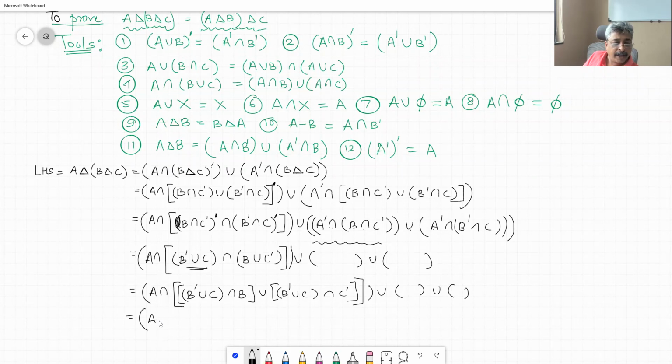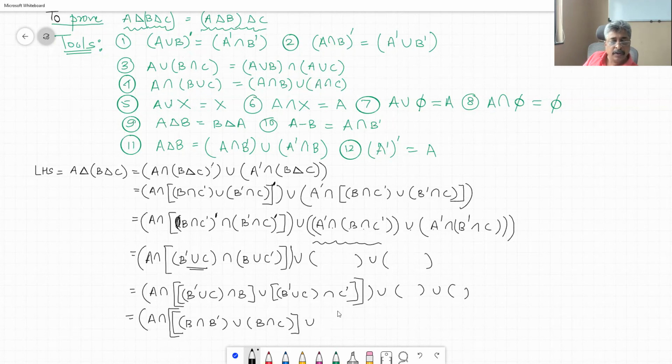So we get A intersection inside bracket, B intersection B dash, union B intersection C. Correct? This is first. Let me have one more bracket here. So first bracket is complete.